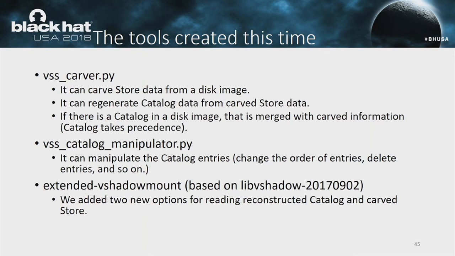This tool can change the order of entries, delete entries, etc. And last, extended vshadowmount is a tool for mounting deleted VSS snapshots. We added two new options for reading the restored catalog and the carved store.